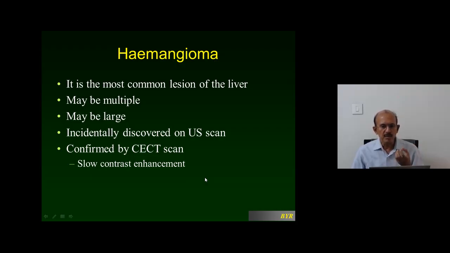In case of hemangioma, the contrast should leave the arteries, go into the arterioles, then fill the capillaries. Then you will find the enhancement. So it is a slow contrast enhancement. By that way, you will differentiate the enhancement of hepatocellular carcinoma and the enhancement produced by hemangioma.